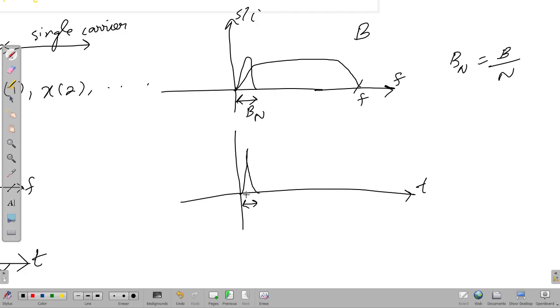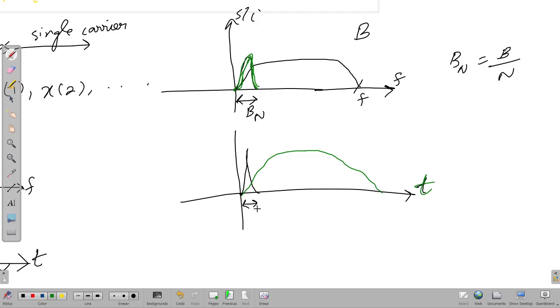Let me draw that with another color. If you have this substream here, which is having a lesser bandwidth, then in time domain, you will have the signal which has more duration.